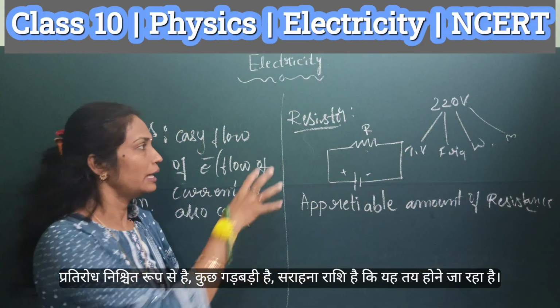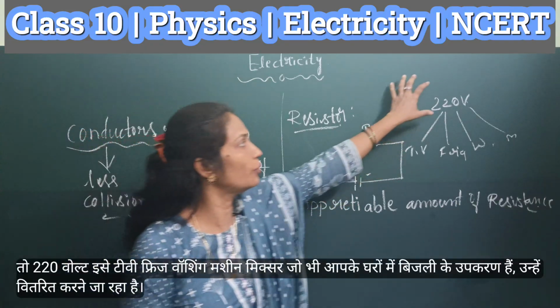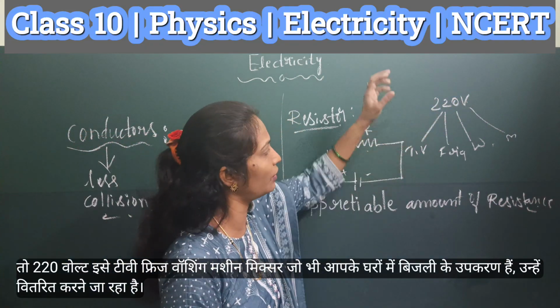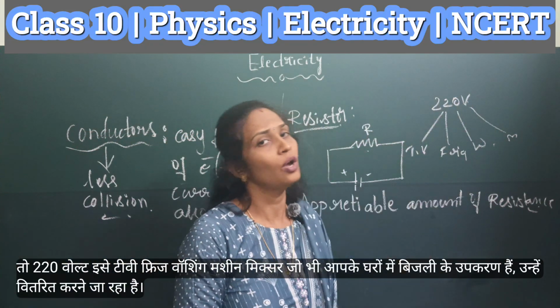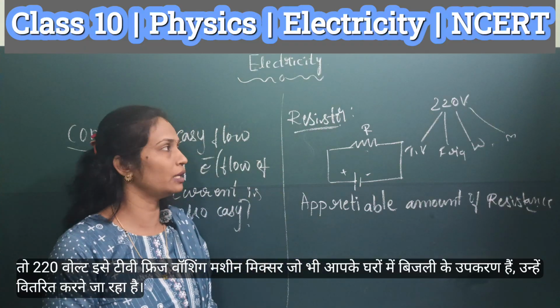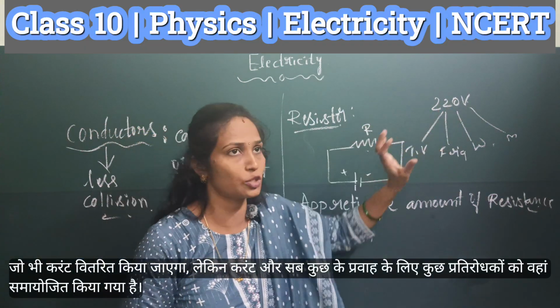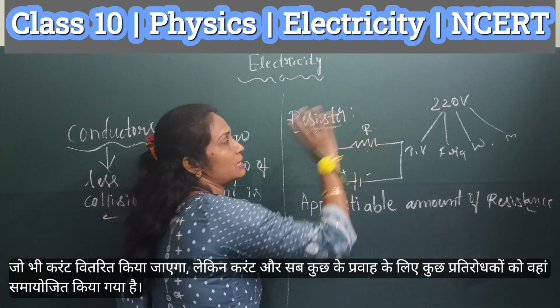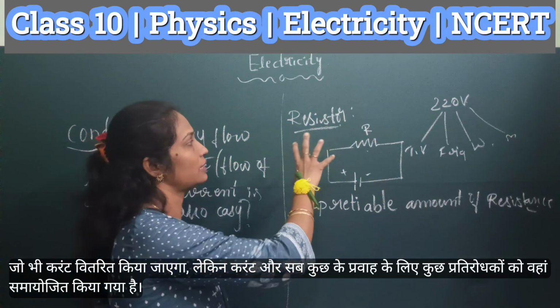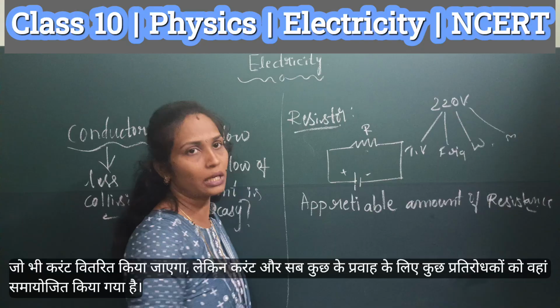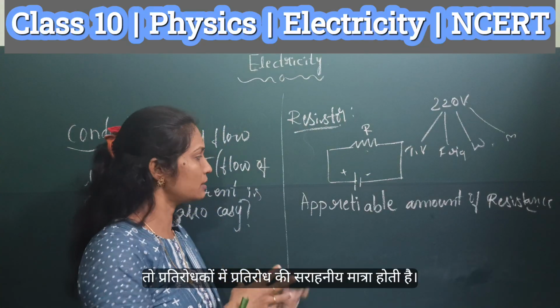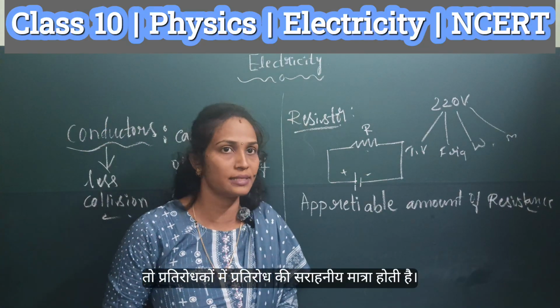Appreciable amount means it is fixed. So 220 volt is distributed to the TV, fridge, washing machine, mixer, whatever electric appliances are there in your homes. Whatever current is distributed, some resistors are adjusted there for the flow of current. So resistors have an appreciable amount of resistance.